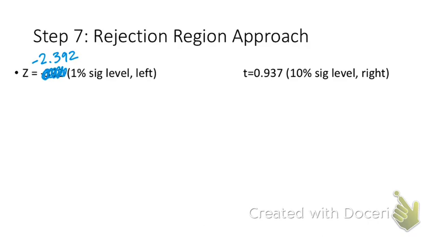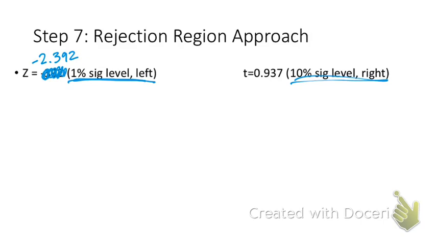So if I were to do the rejection region approach, that's like finding the critical value and then deciding if it's in the rejection region or not. That's like step 7. So let's just find the critical values using these significance levels and then decide if it's in the region or not.